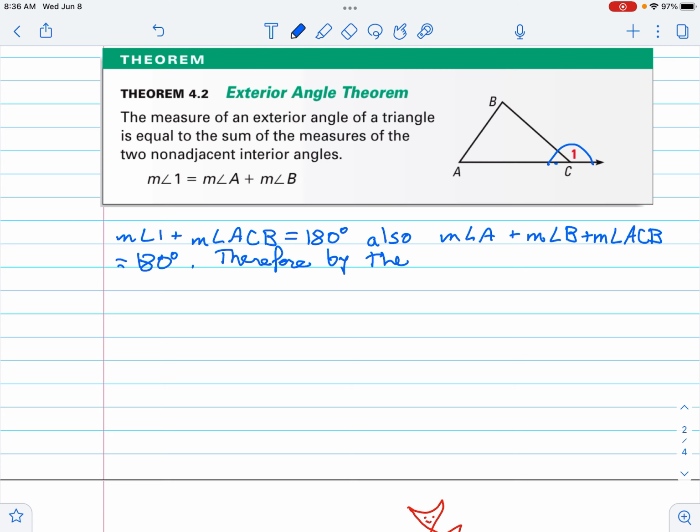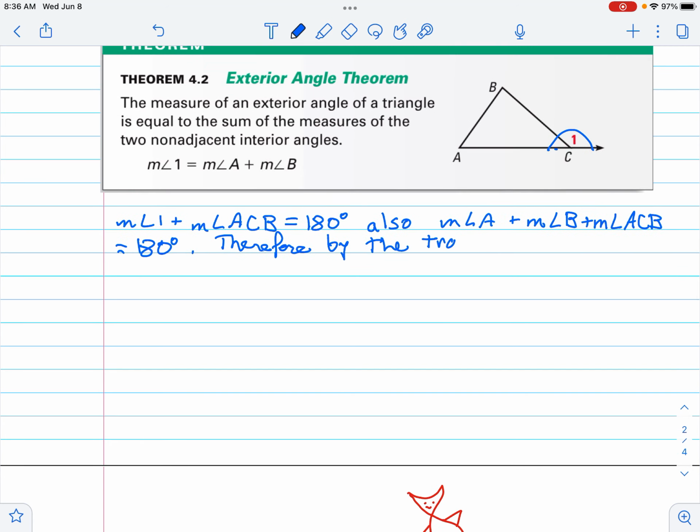Therefore, by the transitive property, the measure of angle 1 is equal to the measure of angle A plus the measure of angle B. In other words, these exterior angles are equal to the sum of the opposite angles.